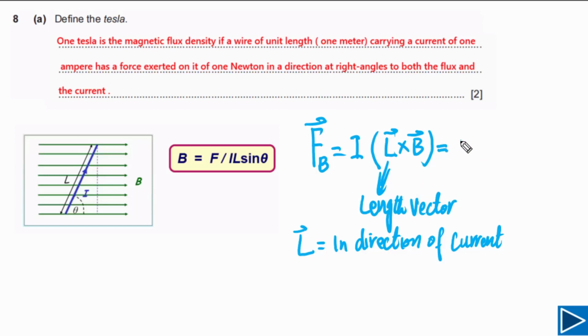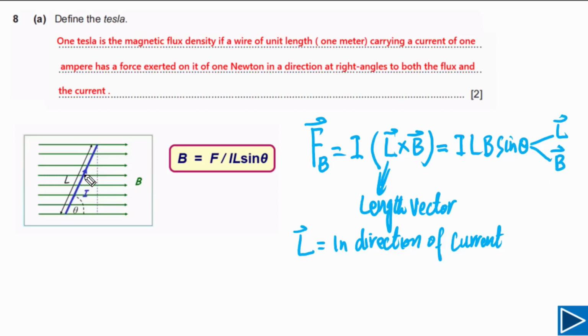Now if we expand this, we can say this is equal to ILB sine theta, and theta is the angle between the L vector and the B vector. Current in fact is a scalar, so it is better to say theta is the angle between the L vector and B vector, not the angle between I and B. The magnitude of the angle is the same, but this is the proper way to say it.